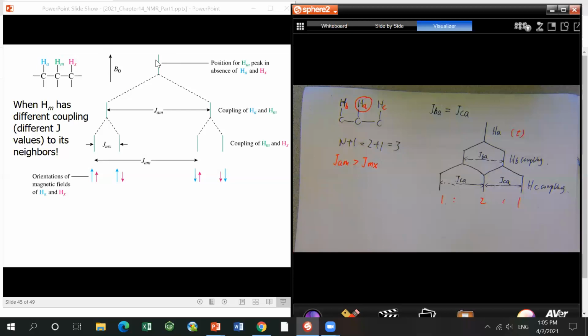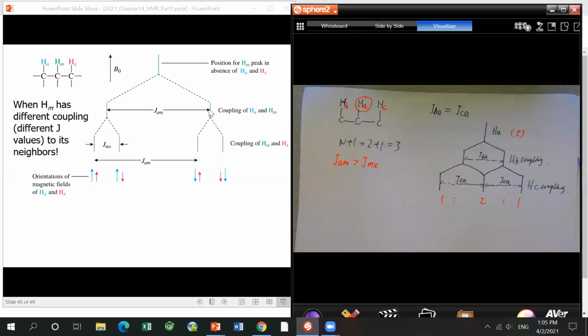If there's no coupling, HM should show only one singlet. It first couples with HA, and HA has a very big influence on HM, so the coupling constant is big, and the HM signal splits into two.